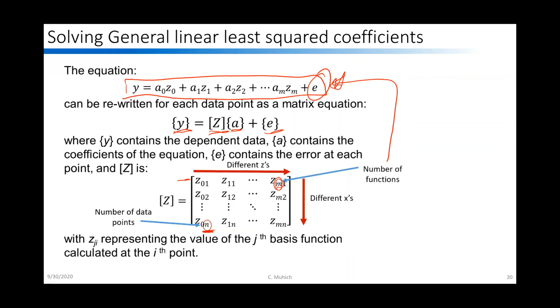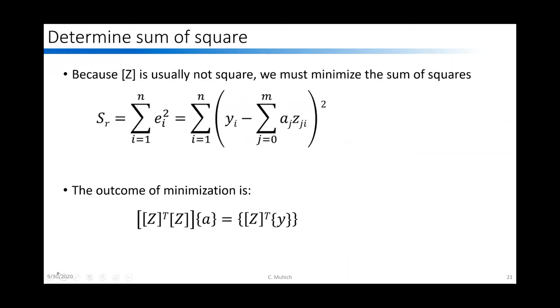Once we've built this function, we still need to minimize the error. This is because z is usually not square. If it was perfectly square, if we had exactly as many data points as we wanted, we could solve this out, remembering we have, we could move those across.